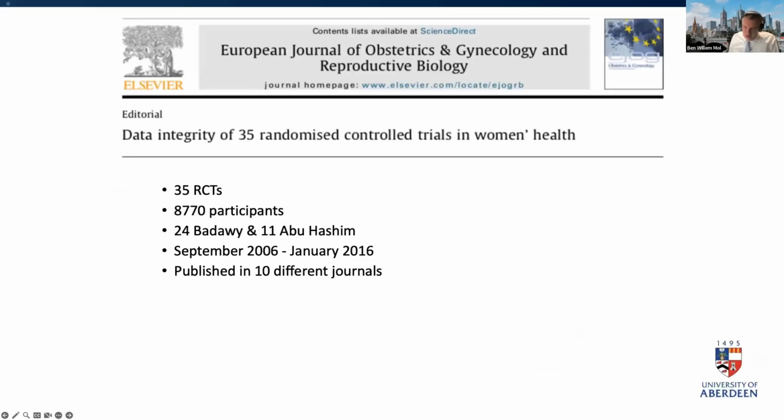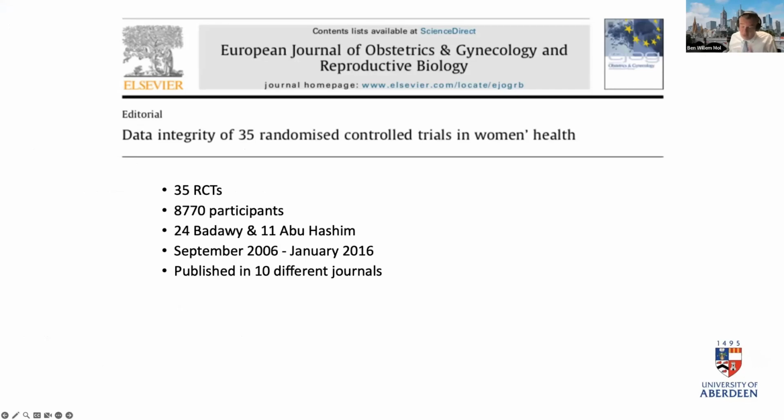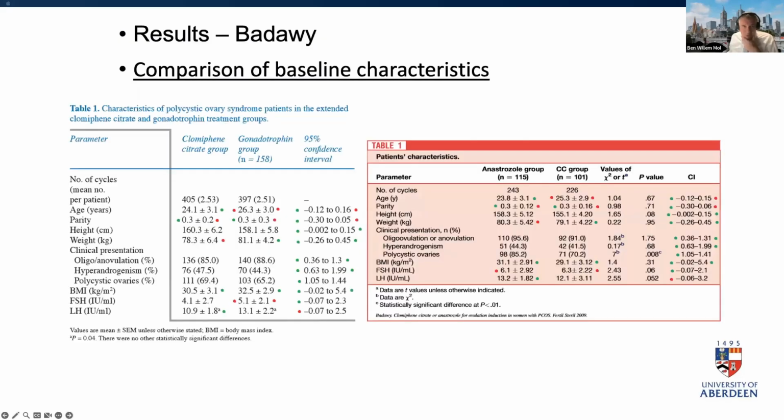And then a student came to Melbourne from the Netherlands, Esme Bordewijk, and she was doing meta-analysis in polycystic ovary syndrome. That was the topic of her PhD. And I said, well, have a look at these particular studies. And after a couple of days, she comes back and she says, well, there is a problem with these studies because this author, Dr. Badawi, actually copies tables from one article to the other.